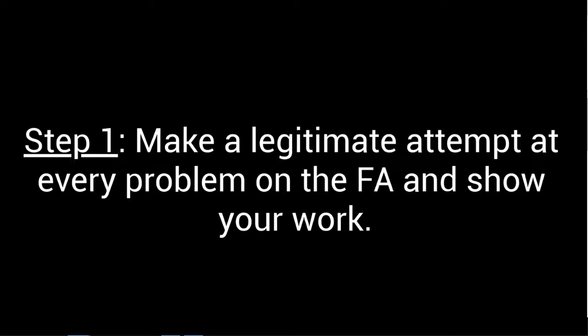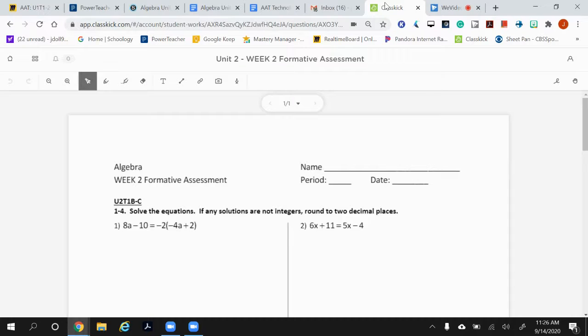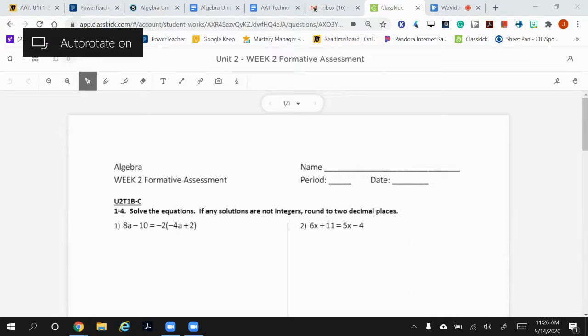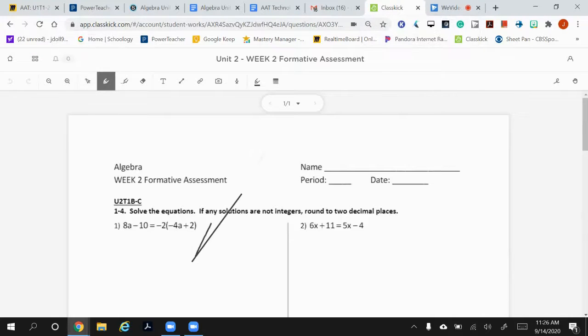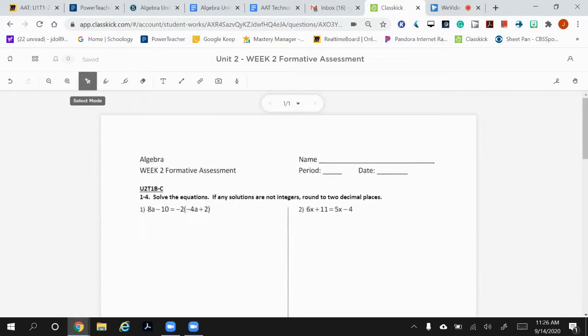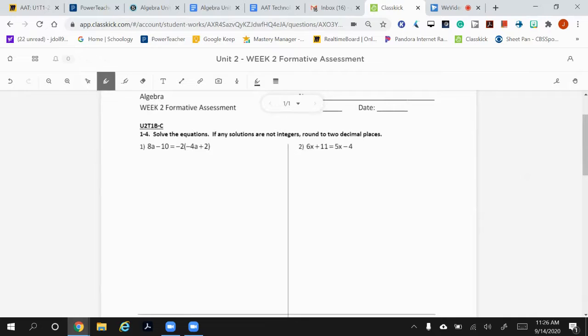The first step is to do legitimate work, a legitimate effort on each problem of the formative assessment. So if you're using your pen for screenwriting, you would take your pencil and do the work to, in this situation, solve these problems.